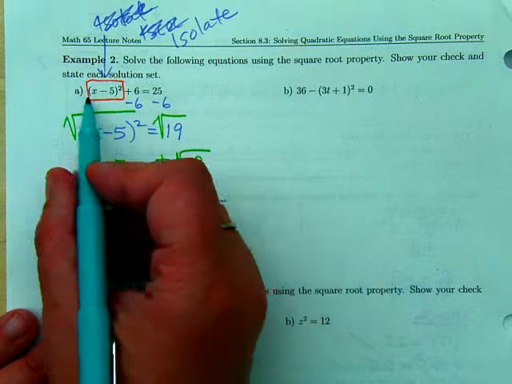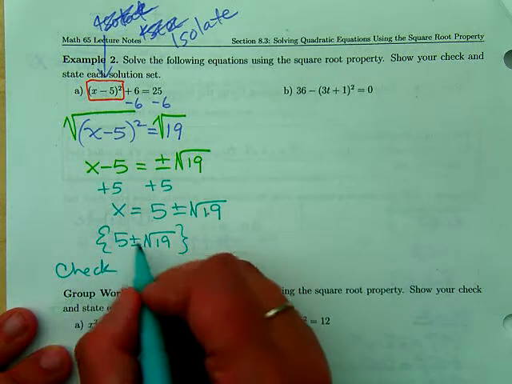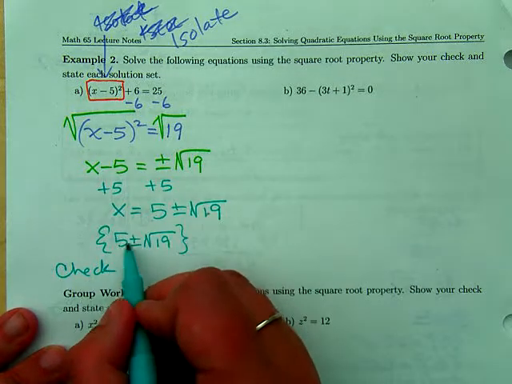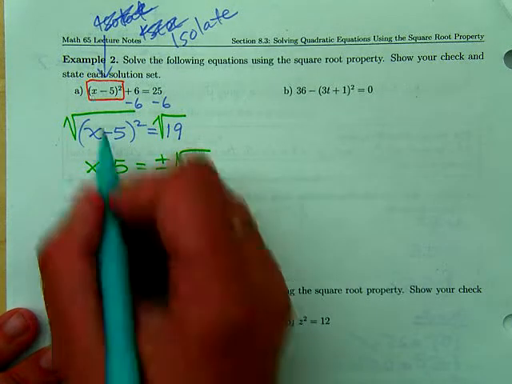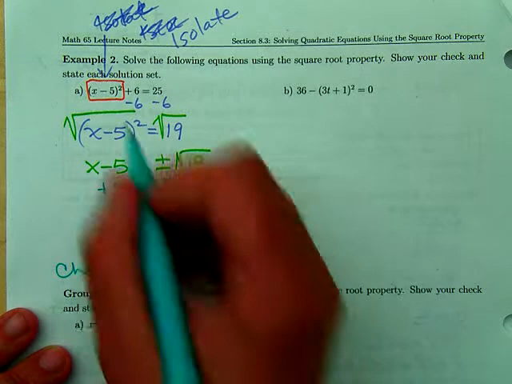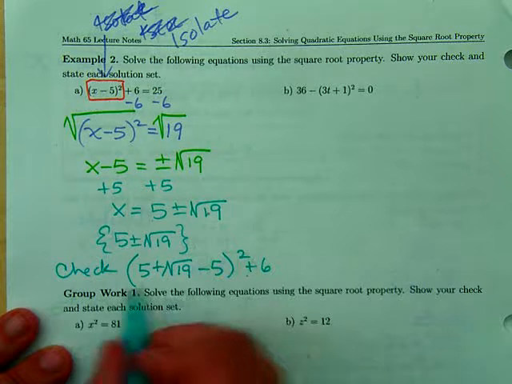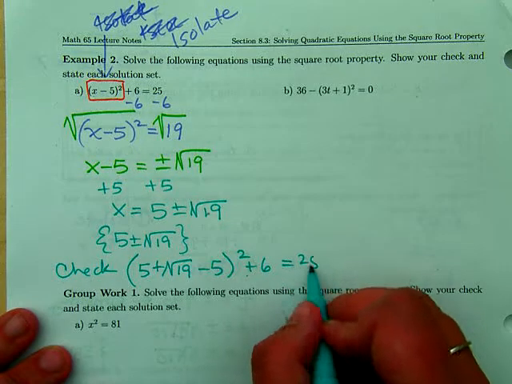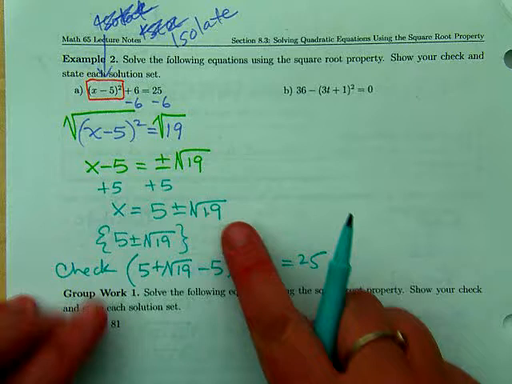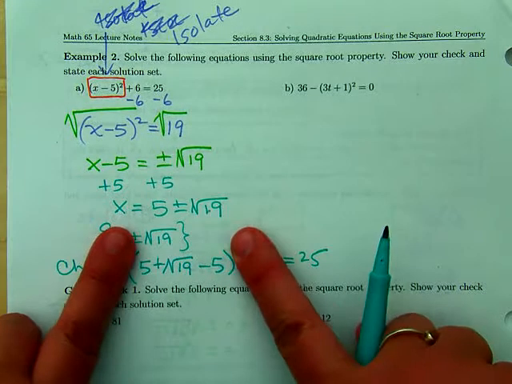Okay, and if I plug this in to check, remember these are two solutions, so let me check first the positive. I'm going to plug in 5 plus radical 19 for x: (5 plus radical 19 minus 5) squared plus 6. We want to see if this equals 25. First thing I'm going to do is simplify inside the parentheses.